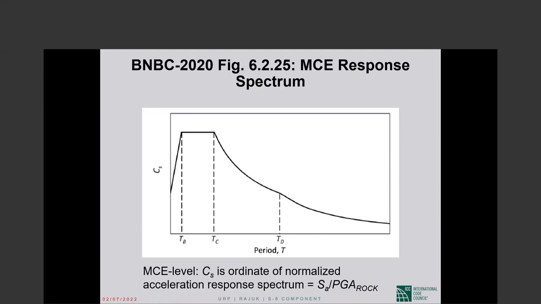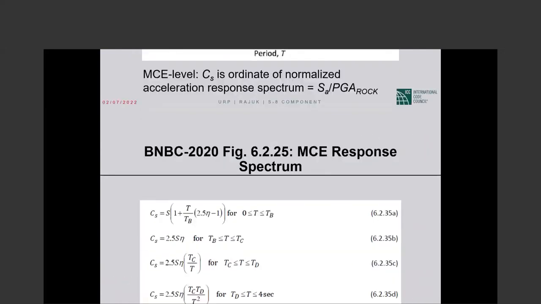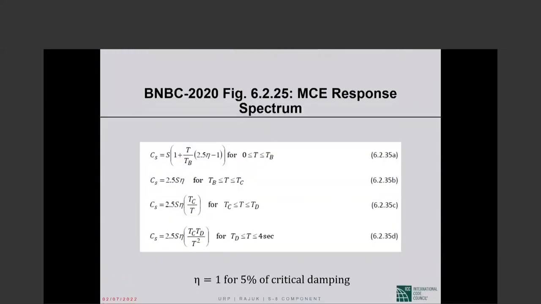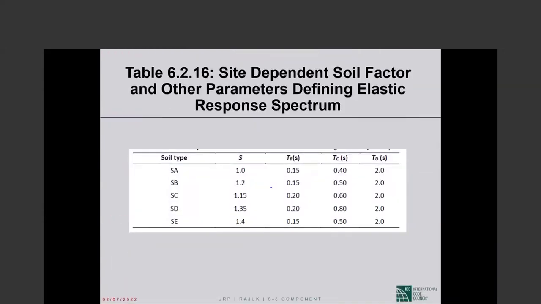This is the relationship between C sub S and S sub A. It will come back in various forms. You have seen these equations defining the BNBC spectra.